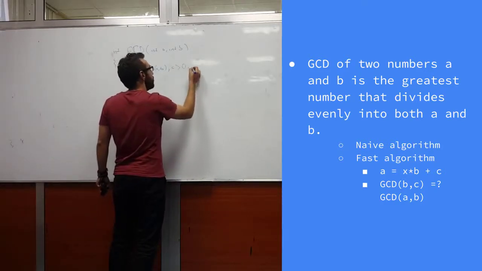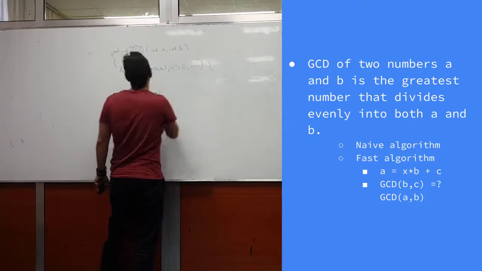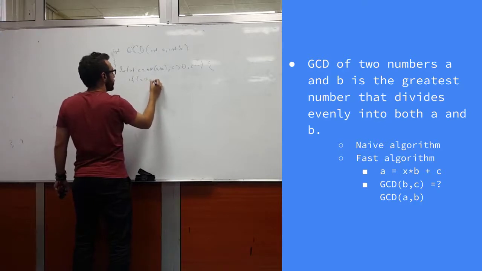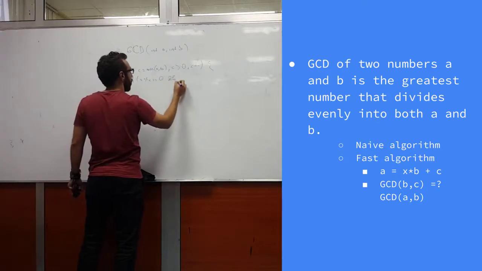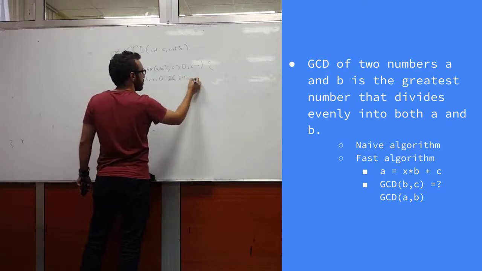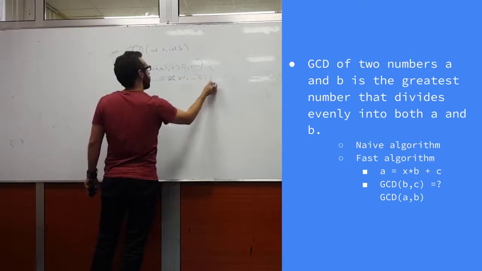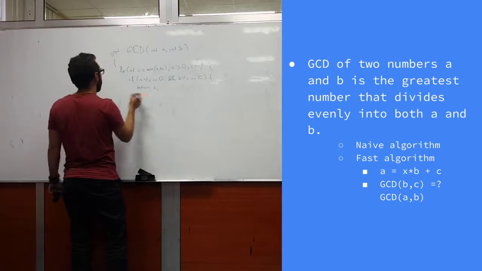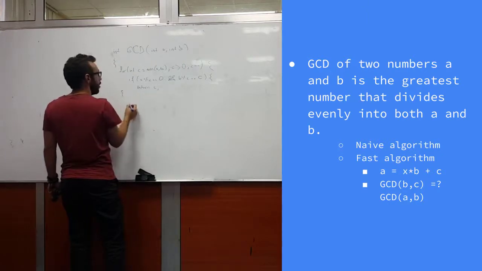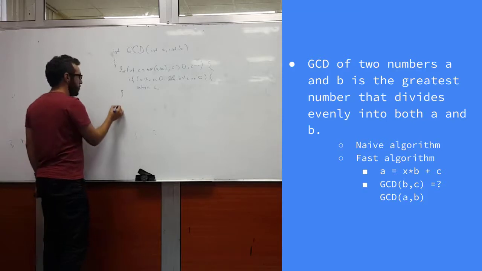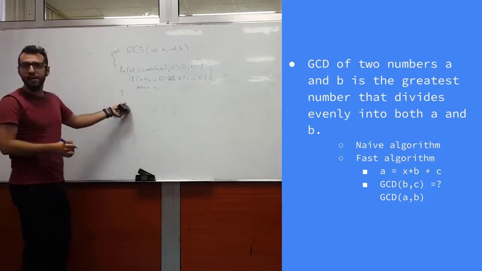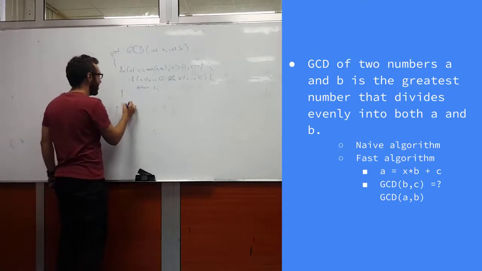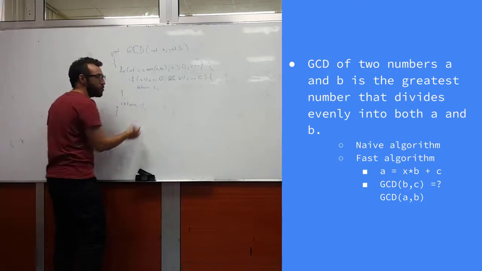While C is greater than 0, C minus minus. If A mod C is equal to 0 and B mod C is equal to 0, then return C. Actually, we don't have to add a return statement here, but probably the compiler is going to complain, so here we can add this return -1 to confuse people.